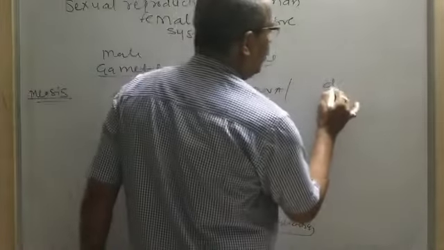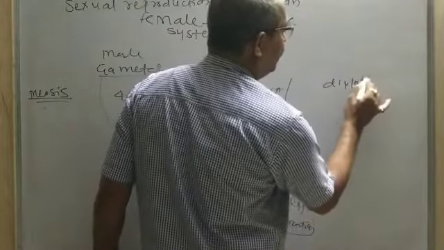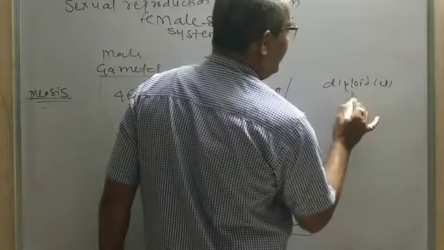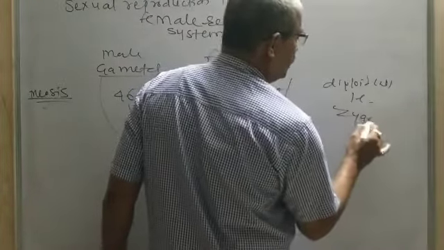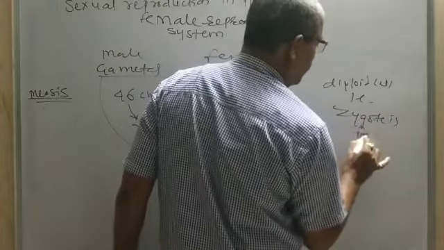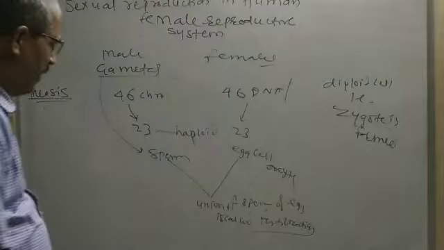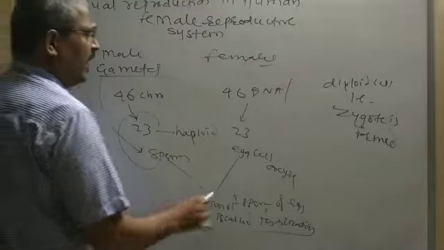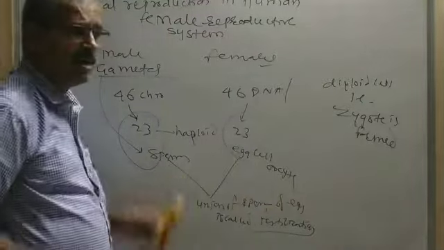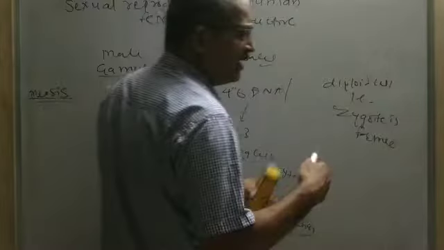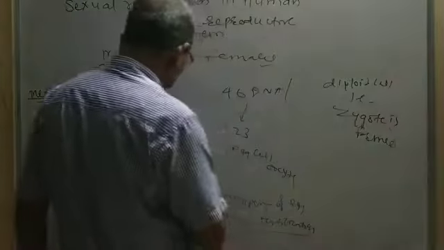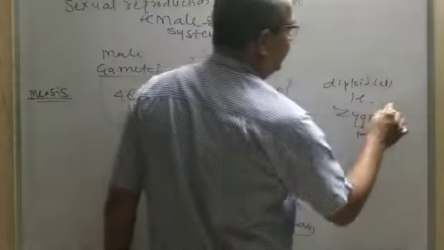And then here a diploid cell, that is the zygote, is formed. Diploid cell, why? Because here 23 chromosomes and from the female 23 are coming together, meaning the number is becoming double.